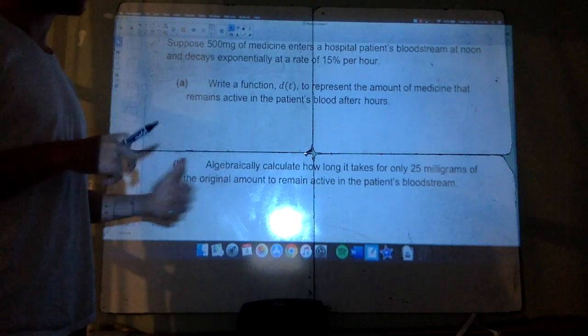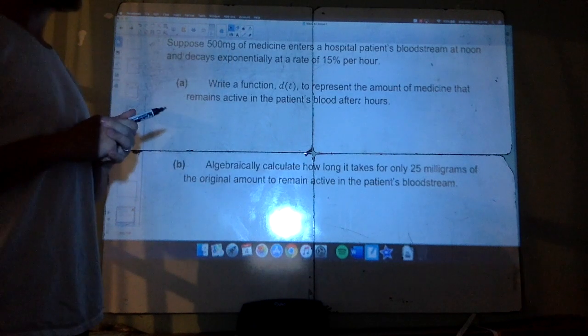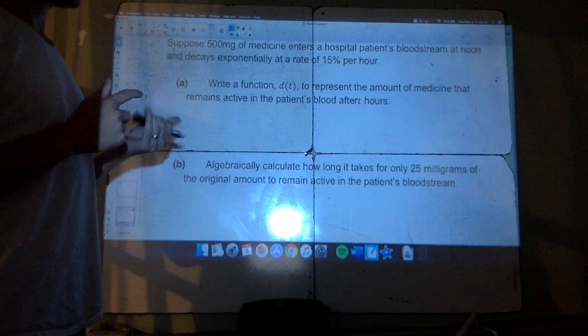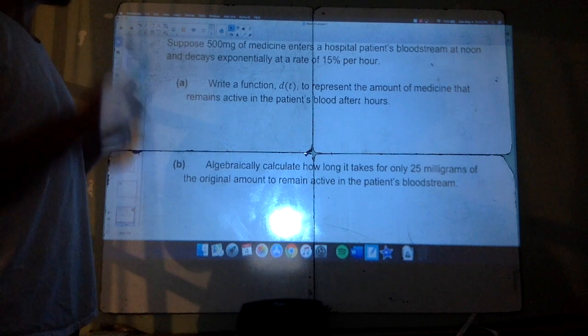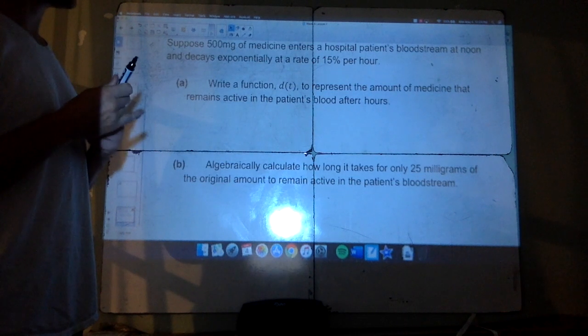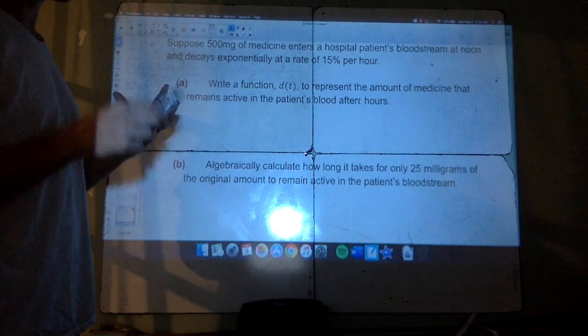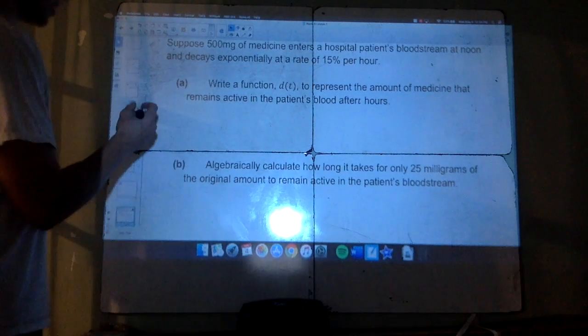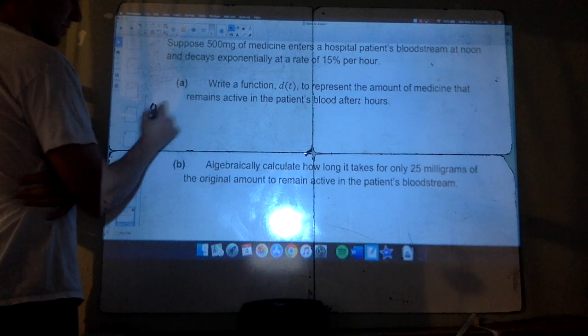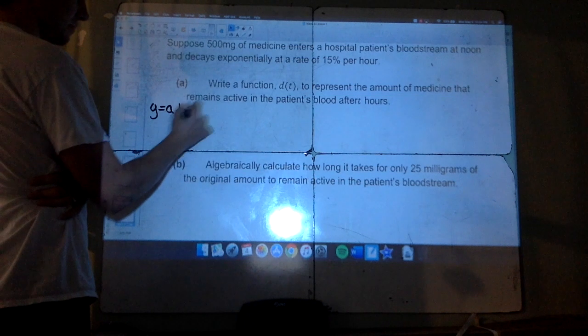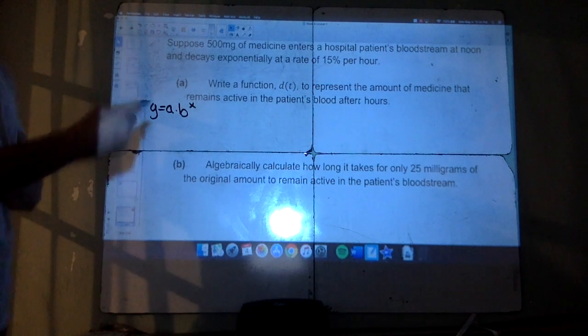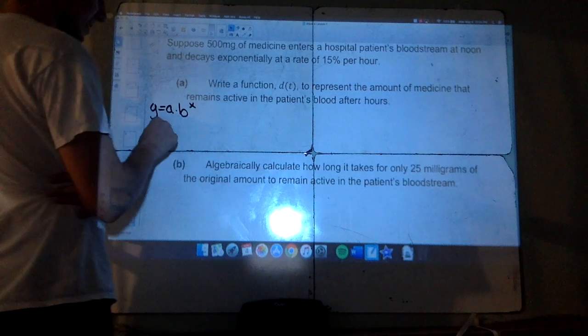So here's how we're going to apply that. We have 500 milligrams of medicine enters a hospital patient's bloodstream at noon and decays at a rate of 15% per hour. So we're first going to write an equation for the situation. For an exponential equation, we have a times b to the x power. A is our starting value, so that's easy.